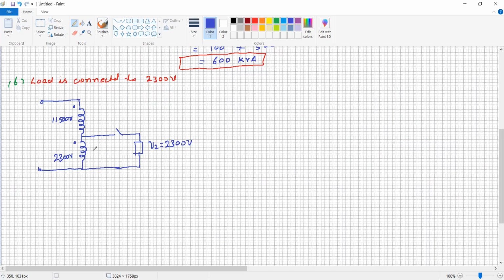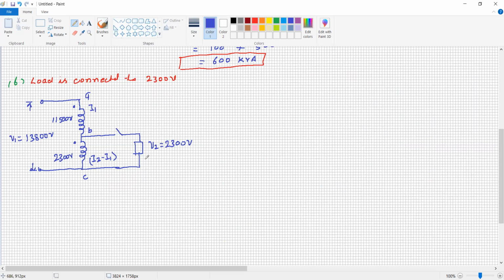Now this is N1, N2, A, B, C. This is current I1, this current is I2 minus I1, and this is the total voltage V1. V1 is the addition of this, 13800 volt. Now everything has been calculated.